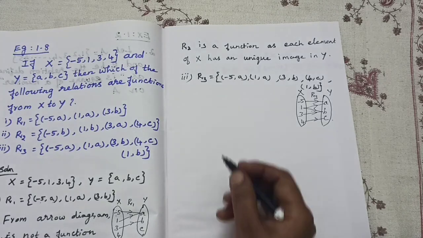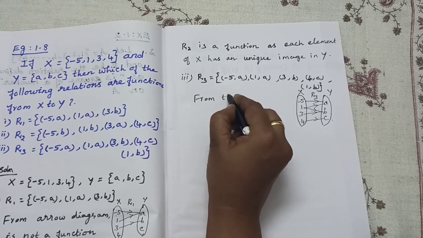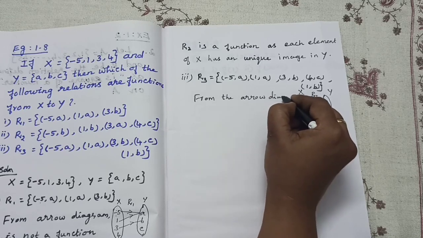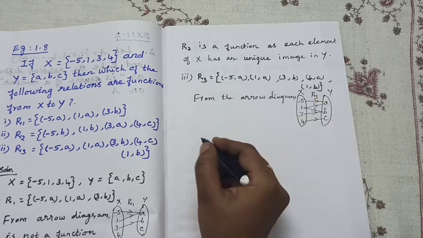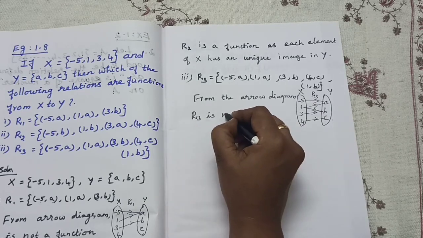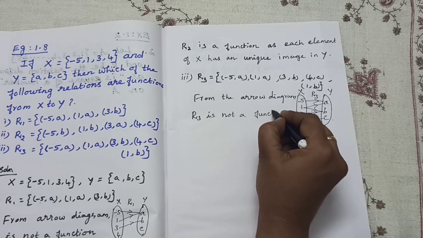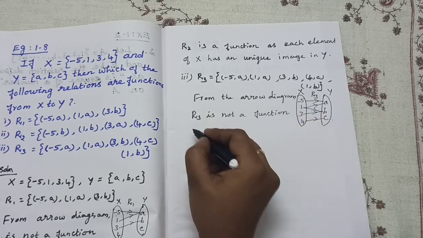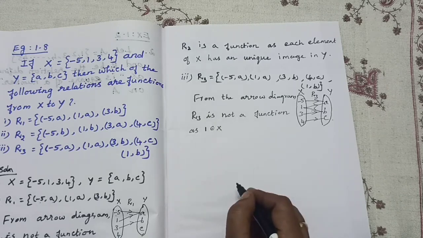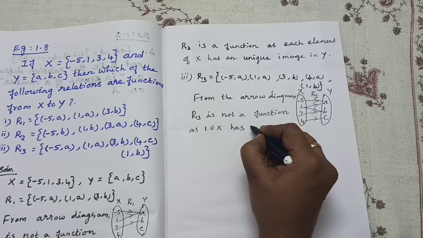From the arrow diagram, R3 is not a function. Why? Because 1 belonging to X has 2 images.